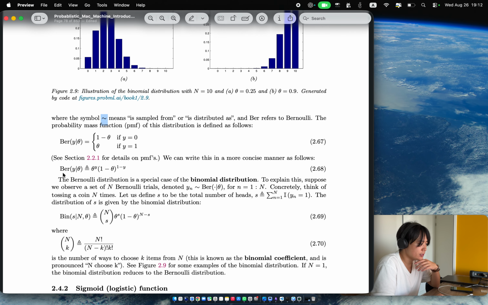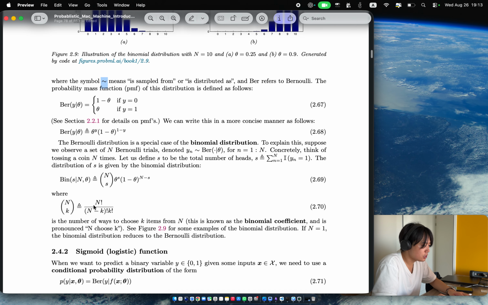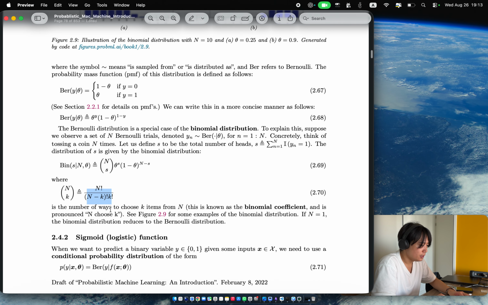The probability mass function is described as follows as well. And the Bernoulli distribution is a special case of the binomial distribution, where you get what is called the binomial coefficient.